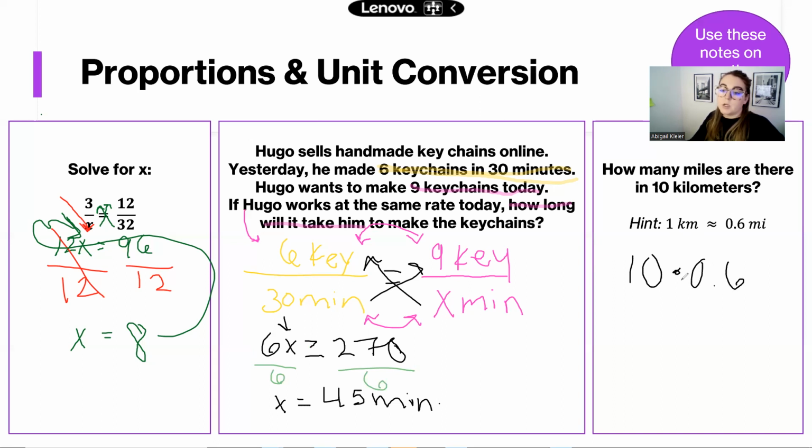Whenever you're doing unit conversion, multiplication is going to be the operation you want to use. I'm going to multiply the amount of kilometers by the rate of conversion. So I've got 10 times 0.6, and that equals 6. That means in 10 kilometers, there are approximately 6 miles.